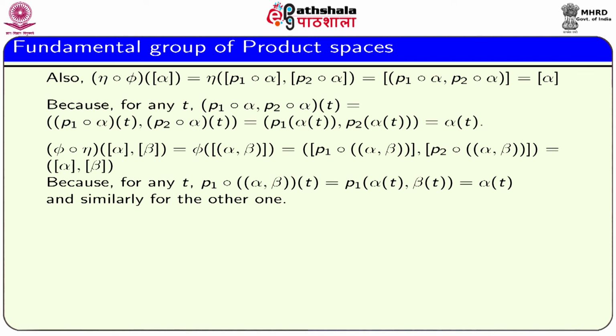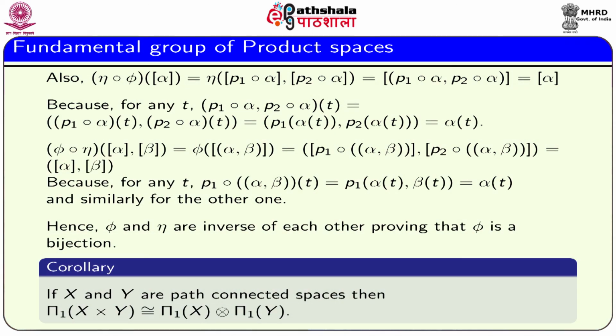Similarly, phi composed eta of (class alpha, class beta) is equal to phi of the class of (alpha, beta), which is ultimately the pair (class alpha, class beta), because for any t, P1 composed the map (alpha, beta) evaluated at t comes out to be equal to alpha t, and similarly for the other one.